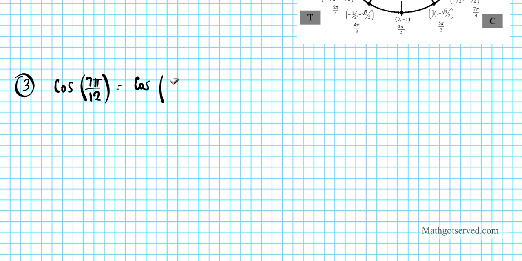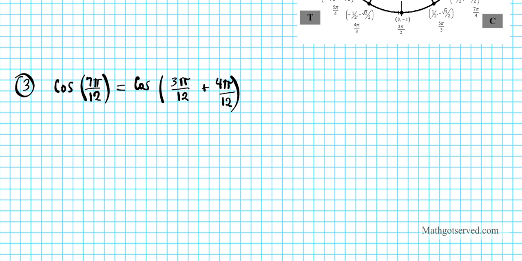So I'm going to use 3 and 4 because 3 goes into 12 4 times and 4 goes into 12 3 times. So I'm going to use 3 pi over 12 plus 4 pi over 12. Now notice 3 pi plus 4 pi equals 7 pi over 12, so these two expressions are exactly the same.